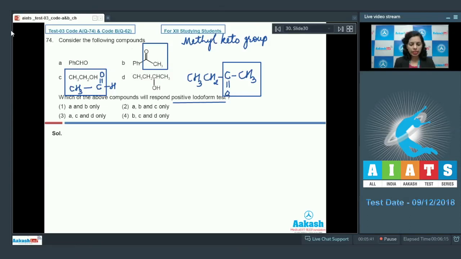Let's see what the products formed would be when these three compounds participate in iodoform test.